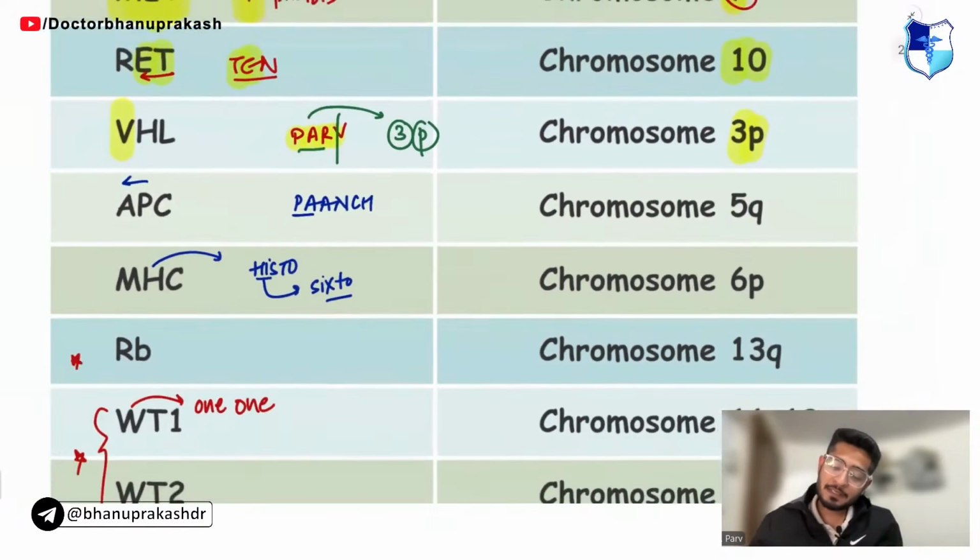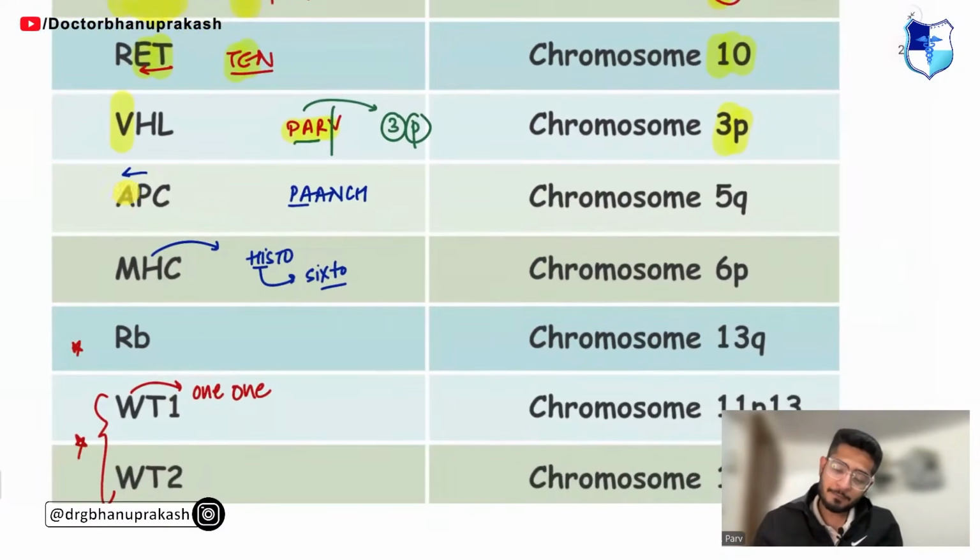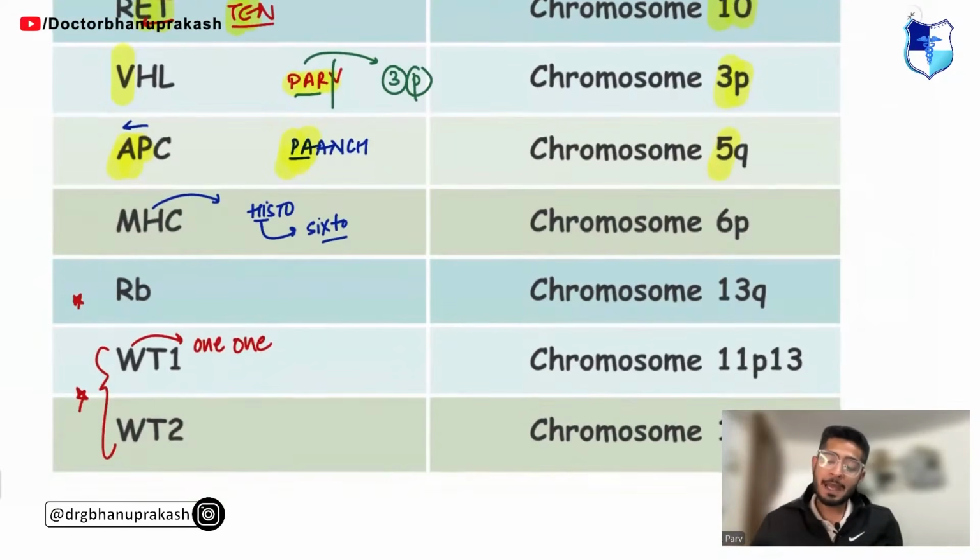Coming on to APC: APC has got A and P, P and A, so it is going to be 5. MHC is actually the major histocompatibility complex. Histo is just like 6-to, so chromosome 6, that is going to be 6P.